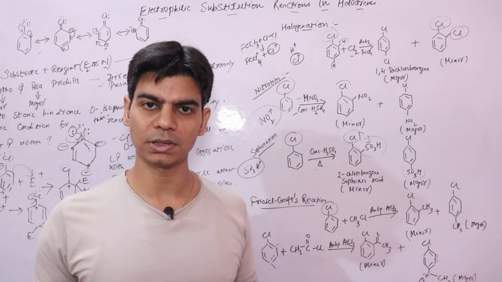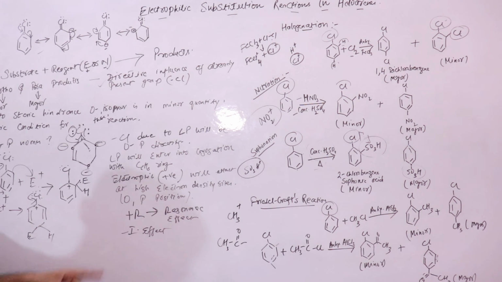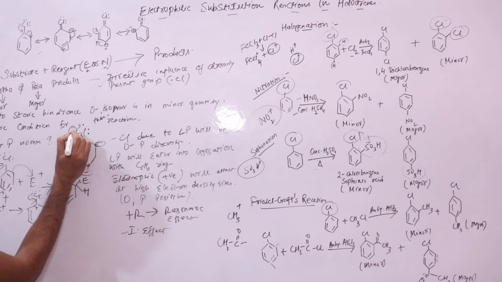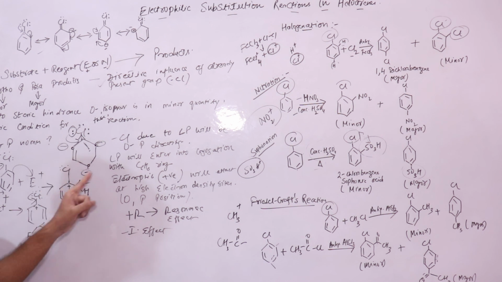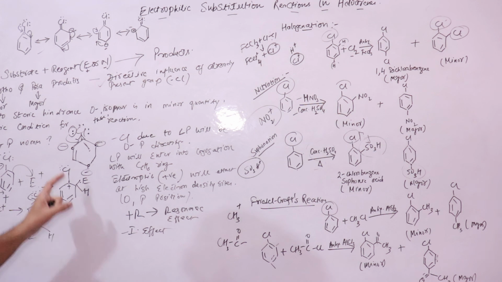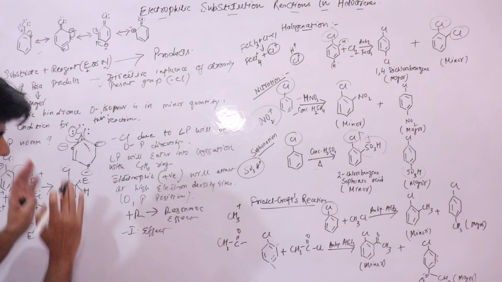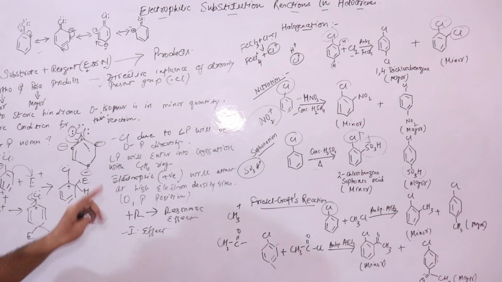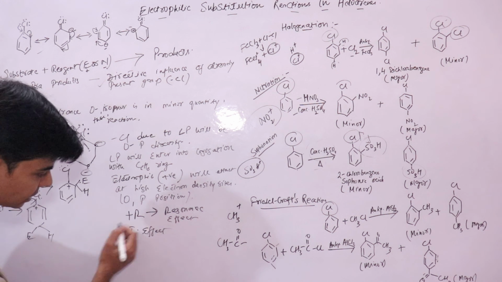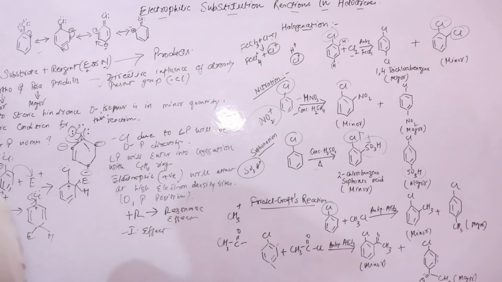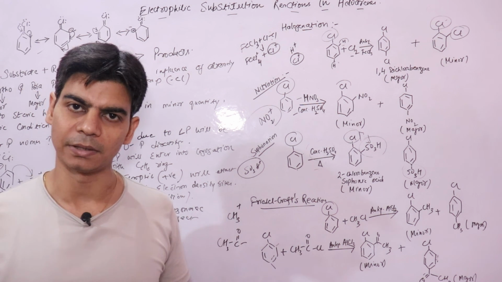So there are two opposing things, right? Due to the plus R effect, the lone pair entering into conjugation with the benzene ring is increasing electron density at the ortho and para sites, and due to the minus I effect, it is withdrawing electron density from the benzene ring.